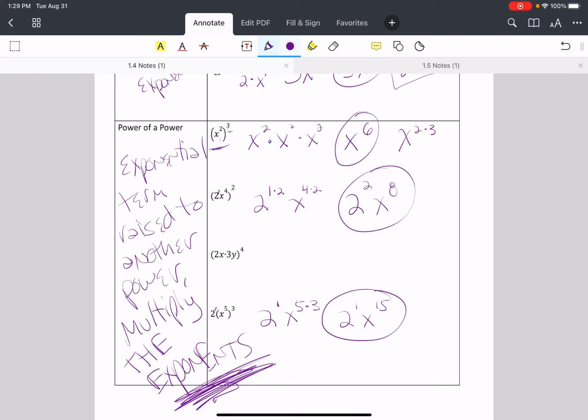This one, the 2 was in the parentheses. That's why I had to multiply its exponent by the 2. That's what you want to watch for. Parentheses. You guys with me? Okay. Well, I'll find out when I have you do some examples in a second.